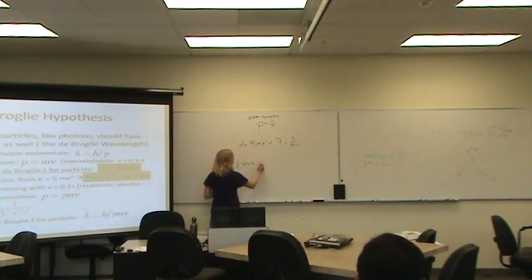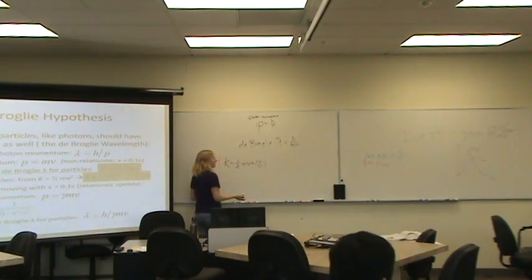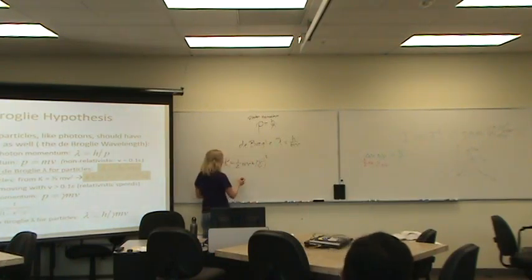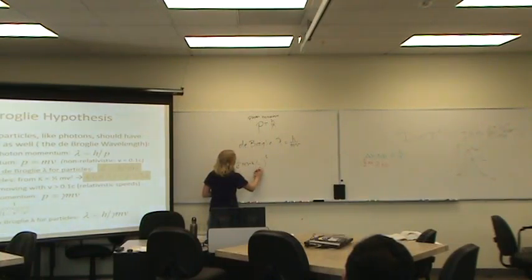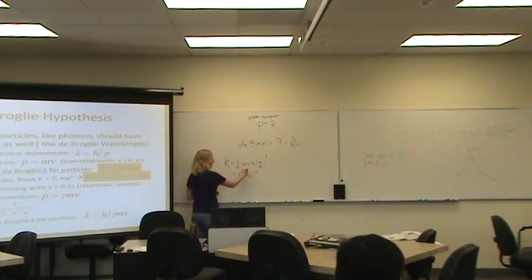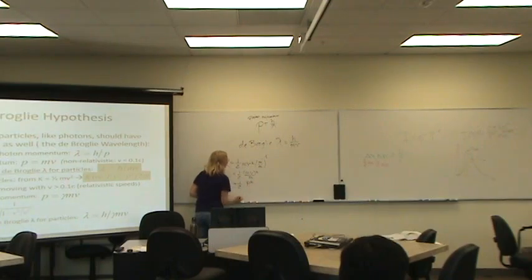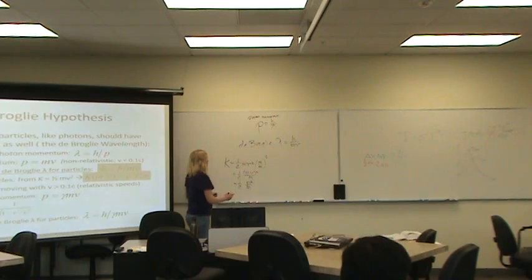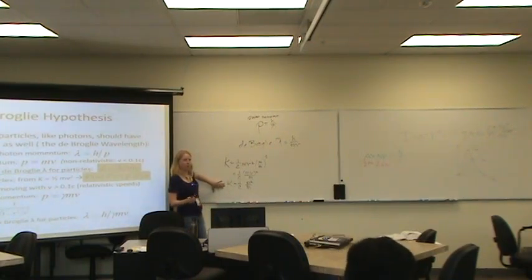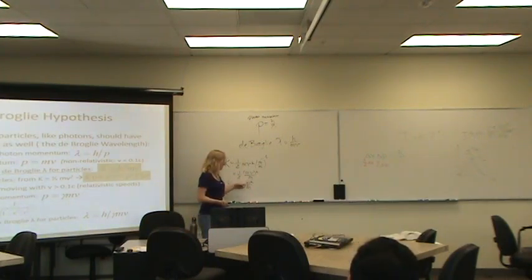If we add a v over v term, which we're allowed to do since this quantity equals 1, then we have 1/2, not v over v, excuse me, m over m. Then we've got (mv) squared over m. And mv is momentum, so I can replace that on top, and that leaves mass on the bottom. So that's a new way to write the kinetic energy of a particle in terms of its momentum: KE = p squared over 2m.